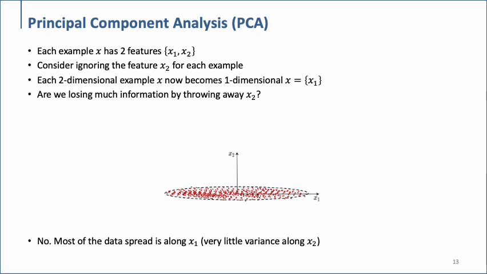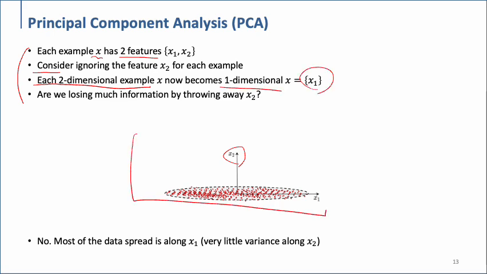Before going into detail, let's think about a very simple case of x1 and x2, where an example x has only two features, x1 and x2. And consider ignoring the feature x2, for example. And then each two-dimensional example x now becomes one-dimensional, including only x1 information.